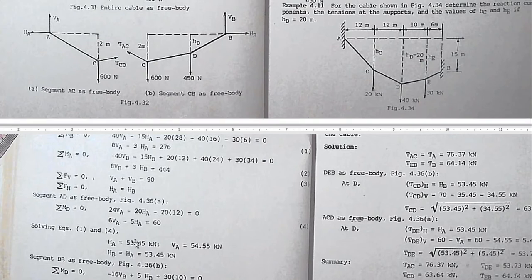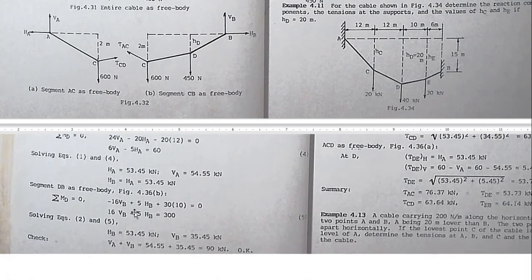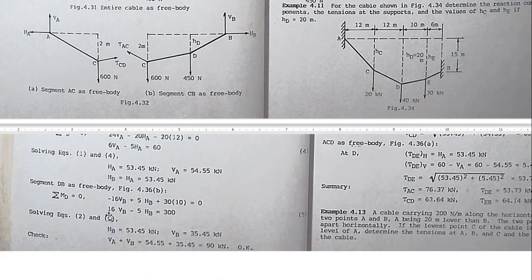You can easily solve VA and HA. And then, let's go now to segment DB. In segment DB, you have taking moments at D. The unknowns again are two, vertical at B and horizontal at B, which forms your equation 5.